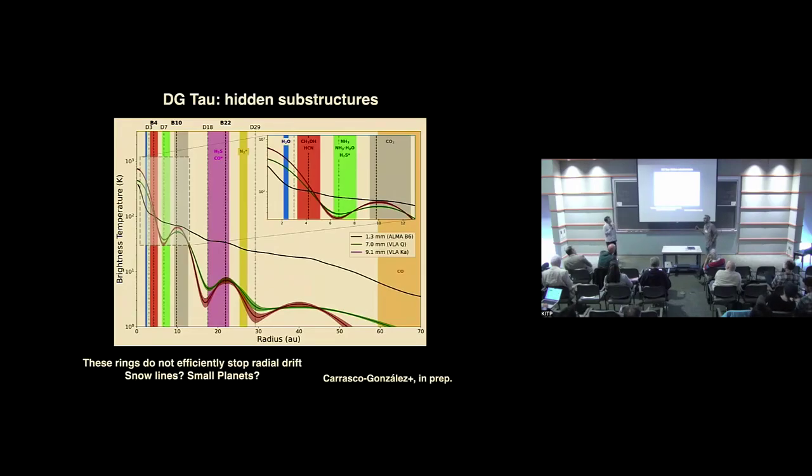Maybe in HL Tau you have strong pressure bumps that are concentrating the dust, but here you have something that concentrates dust, but still the dust can pass through these pressure bumps. So these are like weak pressure bumps. Okay, thanks. Maybe these are the result of small planets here. I don't know.